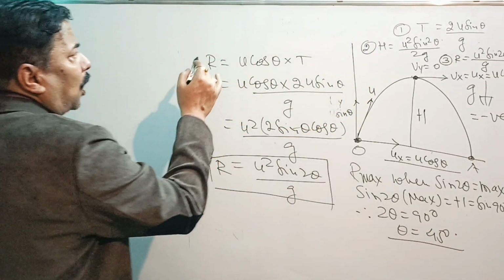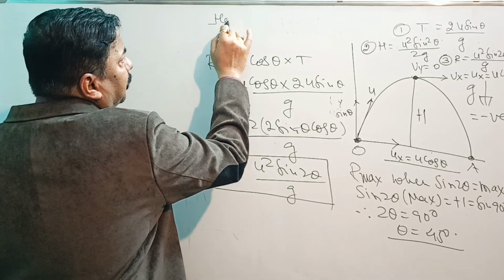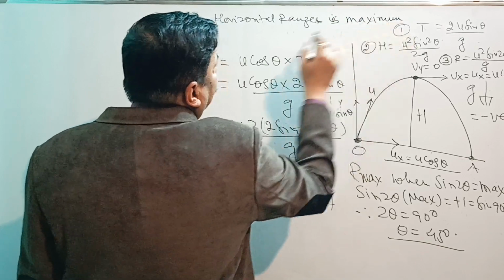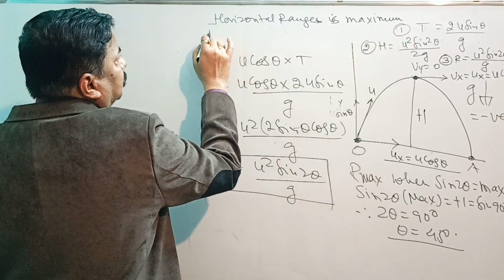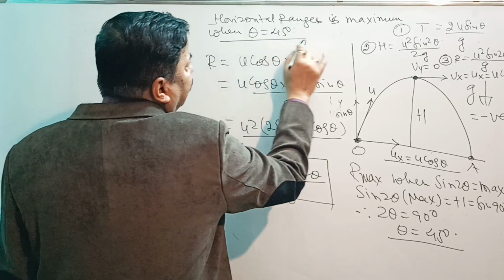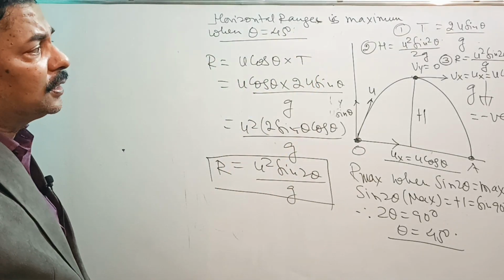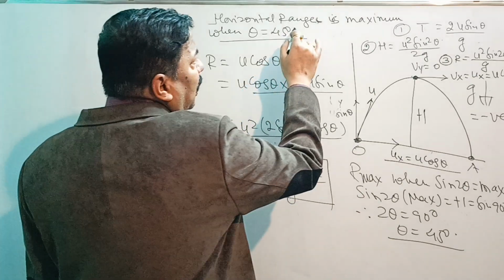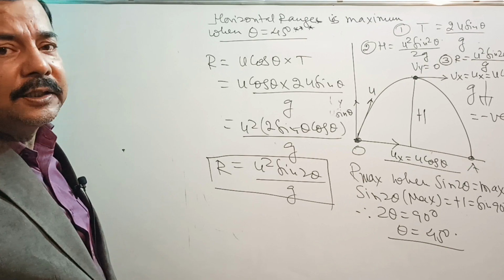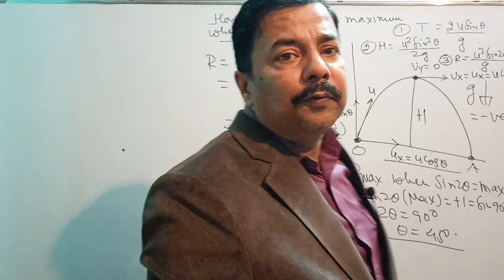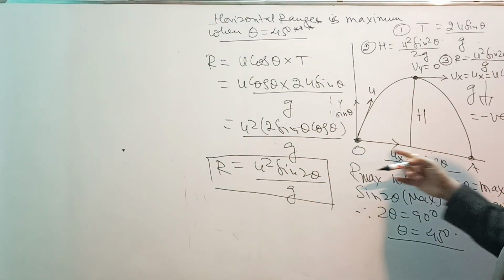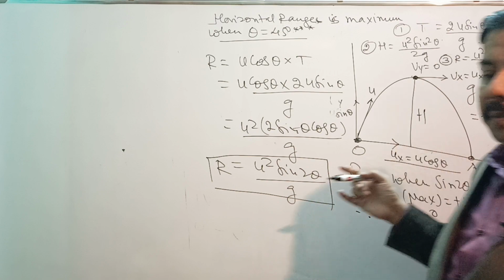We can say that horizontal range is maximum when angle of projection theta is 45 degree. At 45 degree, the horizontal range is maximum. So this fact also you should remember, that horizontal range is maximum when theta is equal to 45 degree. At 45 degree, the horizontal range, this distance is maximum.